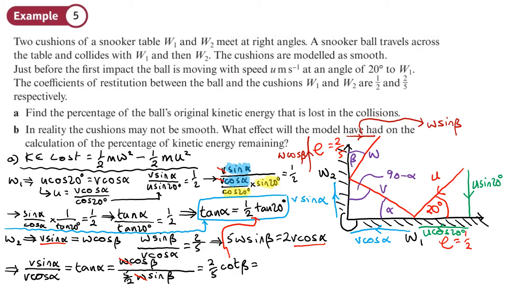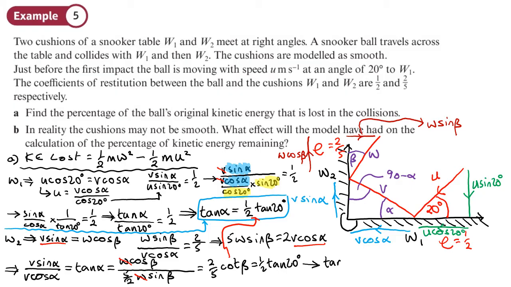I told you lots of algebra. Half tan 20. And from here we can work out what beta is, can't we? So we can do the reciprocal of both sides. Actually, let me write down what tan beta is, that might be a bit easier.